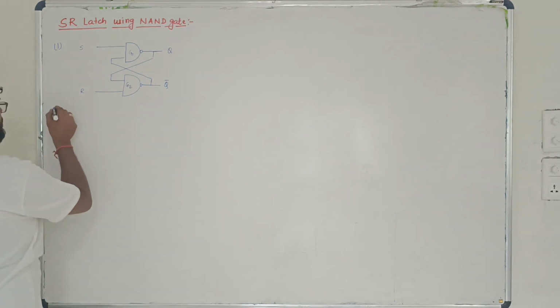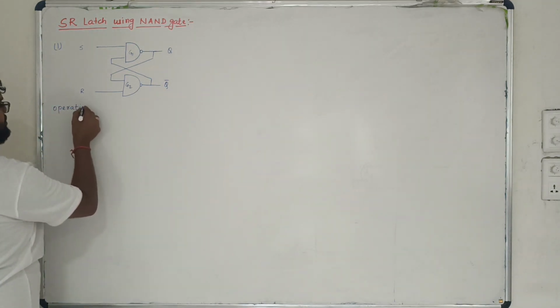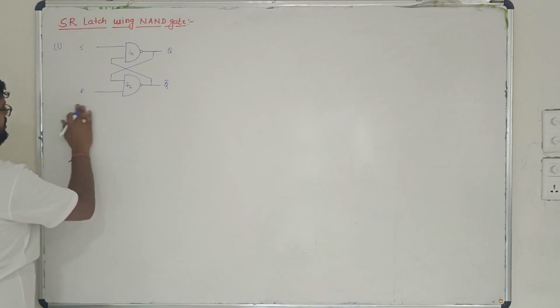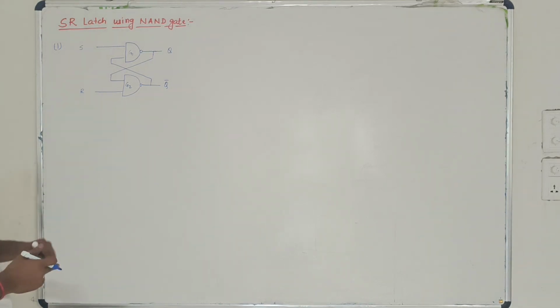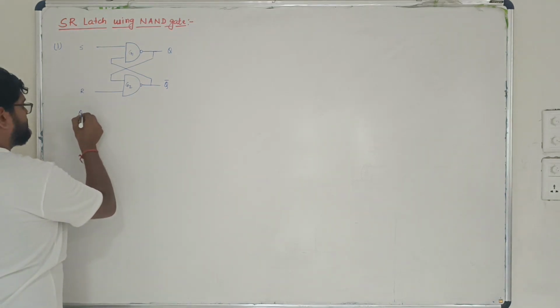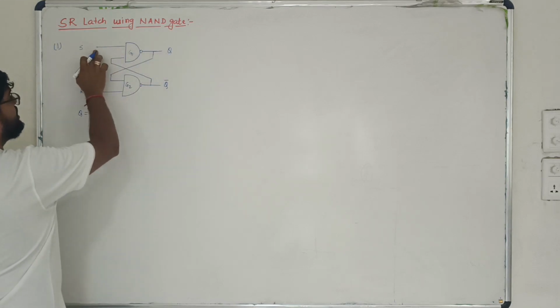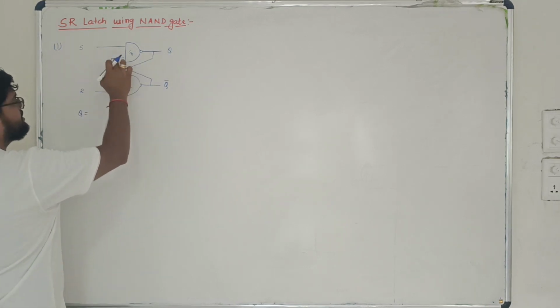Next, we'll go for its operation, and we know that to understand the operation, first of all we have to write the Boolean expression, and then we'll go for its operation. I'll consider all the cases. So first, tell me the Boolean expression for Q. For Q, one terminal is S, the other terminal is Q bar.